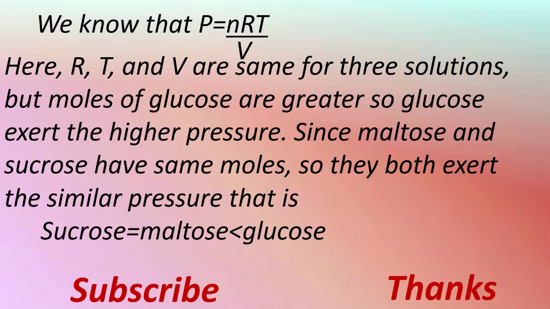And since maltose and sucrose have same number of moles, they both exert less pressure. Here R, T and V are same for three solutions, but moles of glucose are greater, so glucose exerts the higher pressure. Since maltose and sucrose have same moles, they both exert the similar pressure, that is pressure of sucrose is equal to pressure of maltose, and the pressure of glucose is higher.